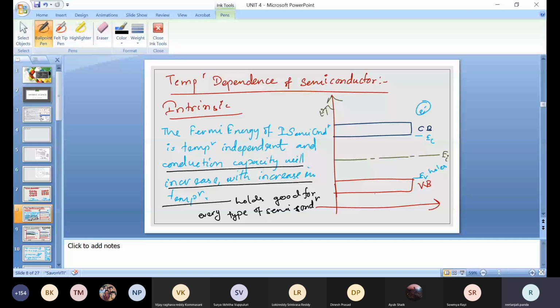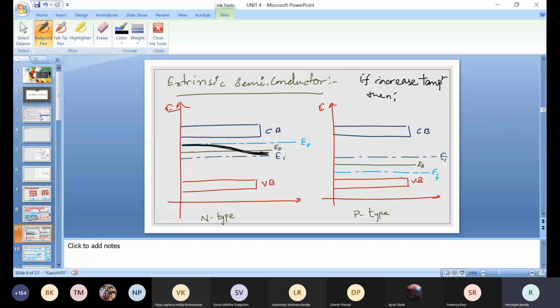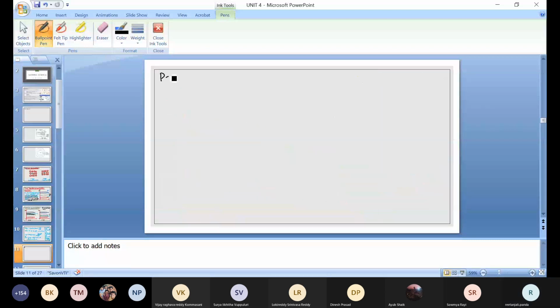Okay, now we will go for the P-type semiconductor. In P-type semiconductor, what are we adding?